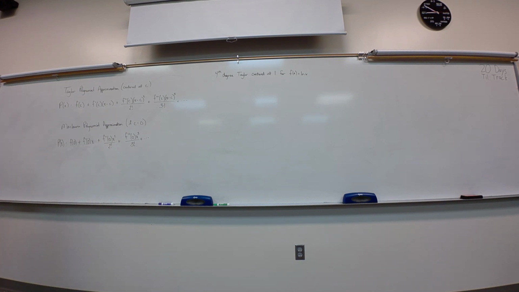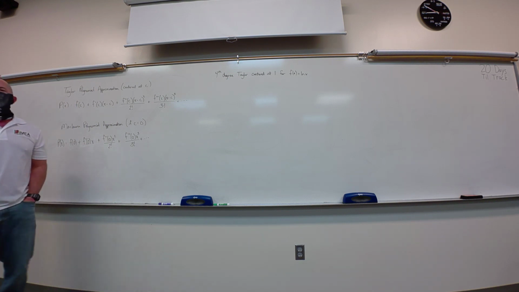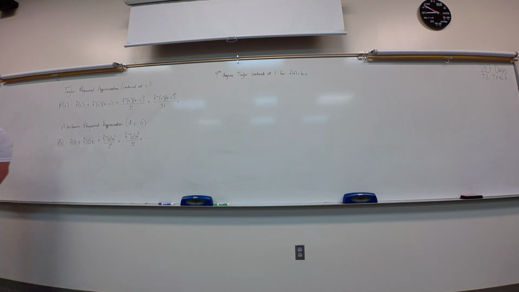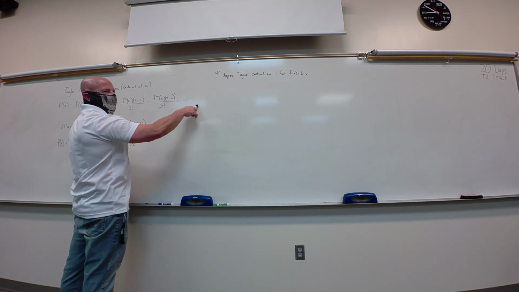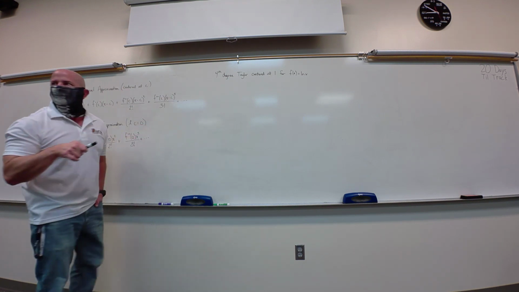So a 4th degree, if I want the 4th degree, I've got to go to the 4th derivative. So again, remember, 4th degree, 4th derivative, 4 factorial. So I'm going to at least need that derivative.